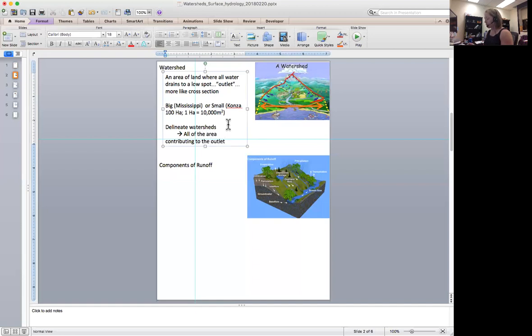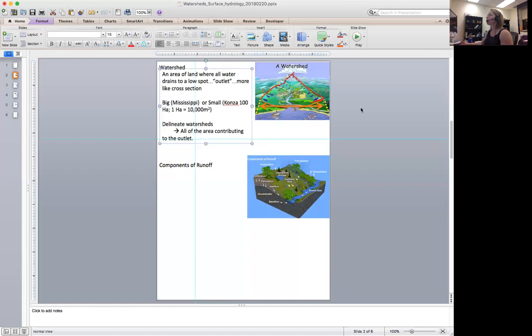And we are able to do this in a couple of ways. One of the ways is by using contour maps, or areas of elevation.